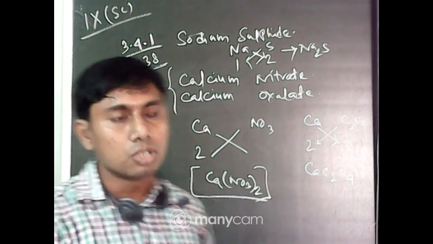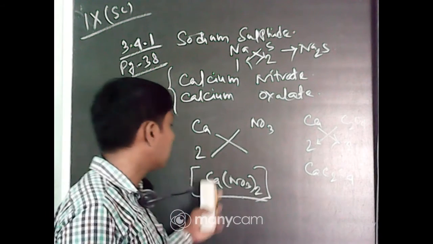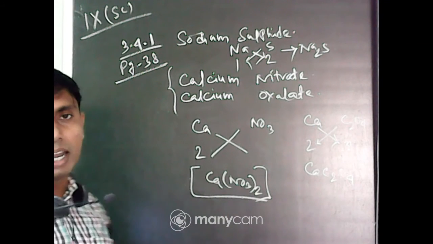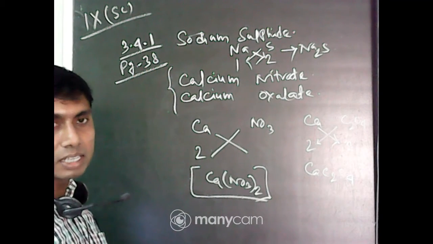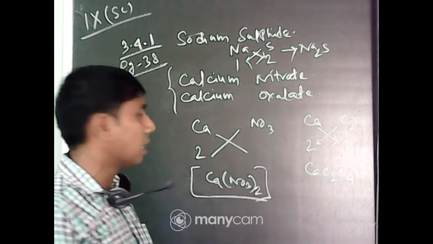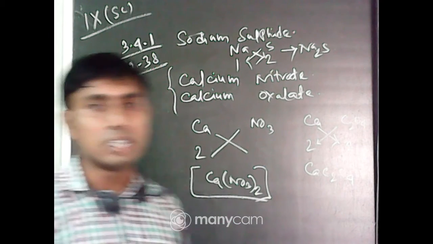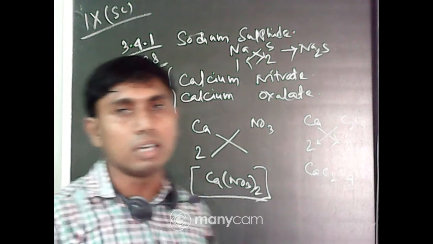So if positive charge is there, the charge of the electropositive metal is greater, and if negative charge is there, the negatively charged anion is greater.